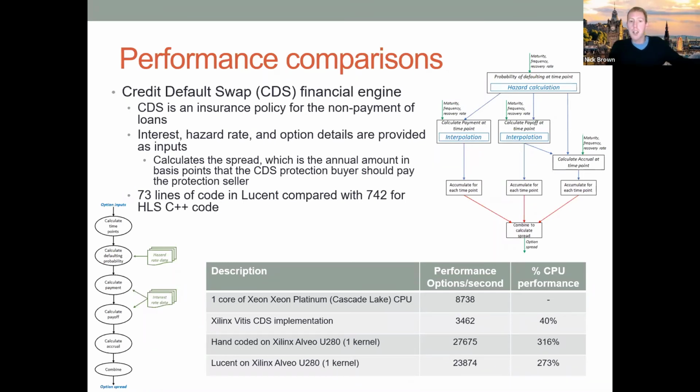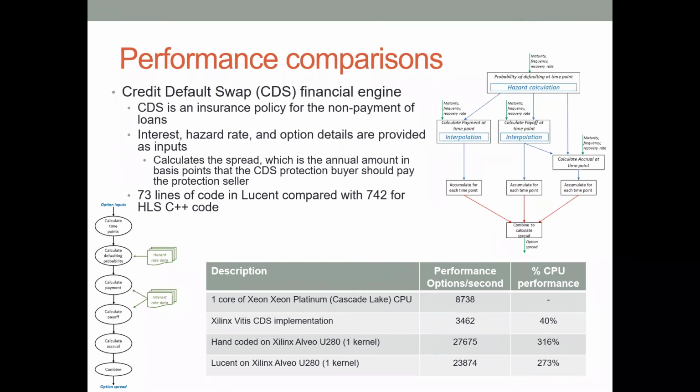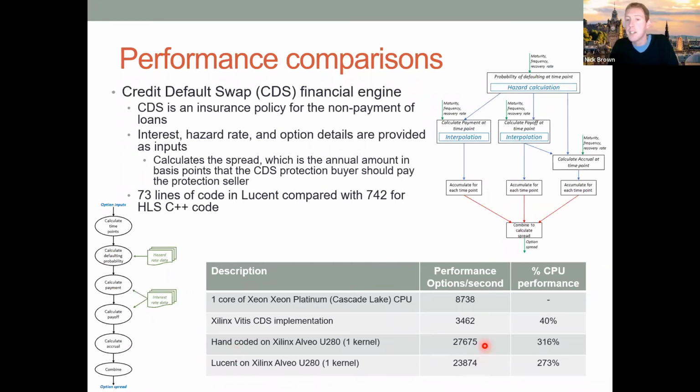In previous work, we did a hand-coded version of this, and we compared it against Xilinx's Vitis implementation, their quantitative finance library, and against one core of the CPU. Our implementation was over 700 lines. Again, it was a bit of a pain to get working and get working fast. 73 lines in Lucent, so it's much, much smaller. And again, it's a bit slower in terms of options per second. Higher is better, but it's not a million miles off.